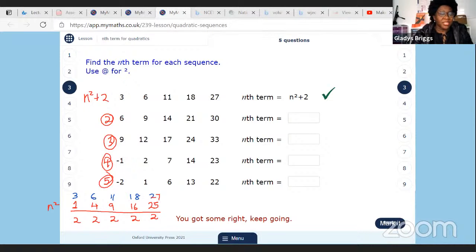Okay, somebody has finished. One more to finish. Where's the rest of the class? I'm only seeing 2 people in the chat for now.